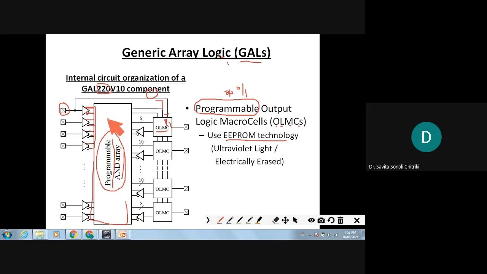So all the AND gates will be there inside here, and the OR array, right? So the output logic, OLMC, is shown directly, and the output pins are connected. So what will be there in OLMC? Those registers will be there and all that. We will see the depth of the OLMC here, right? So OLMC is nothing but output logic macro cells, right?